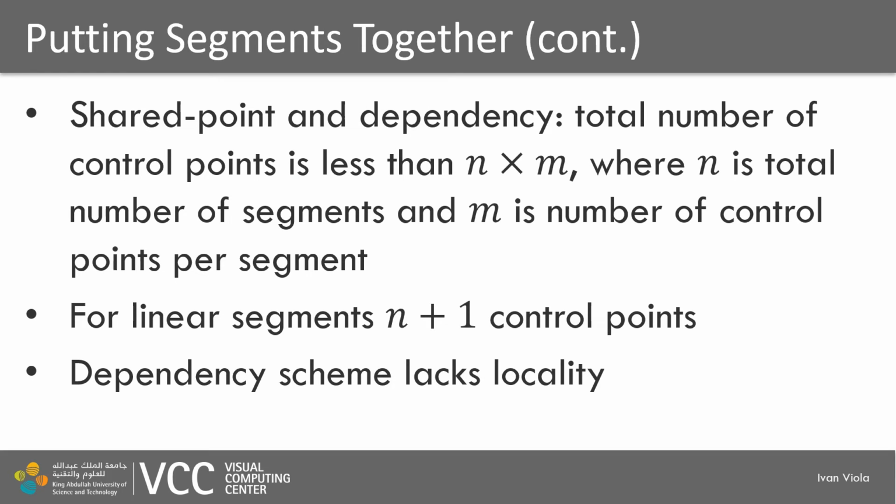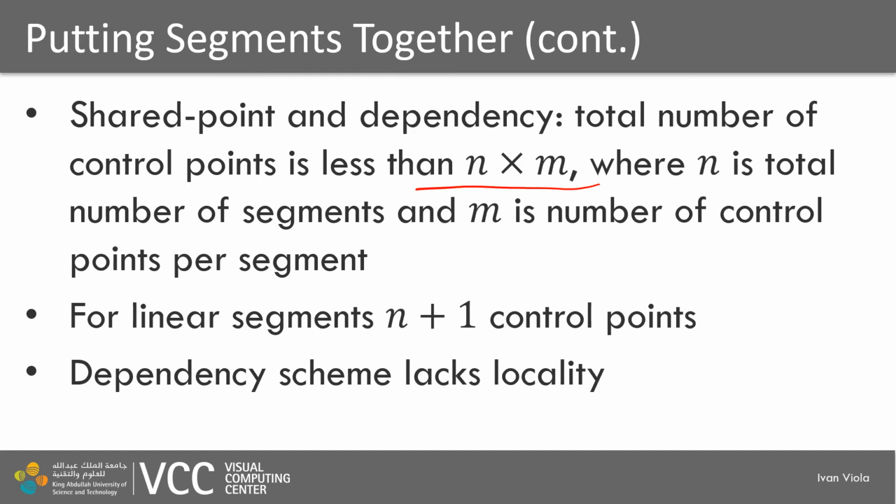For both schemes where we are putting the segments of the curve together, shared point or dependency, it holds that the total number of points must be less than n times m, where n is the number of segments and m is the number of control points per segment.